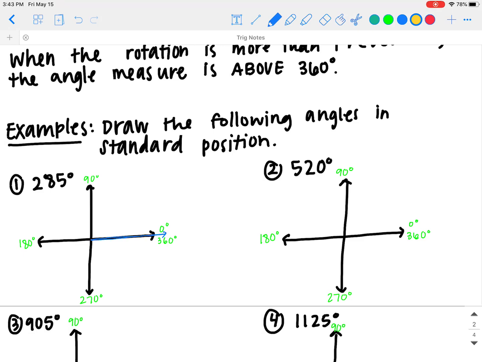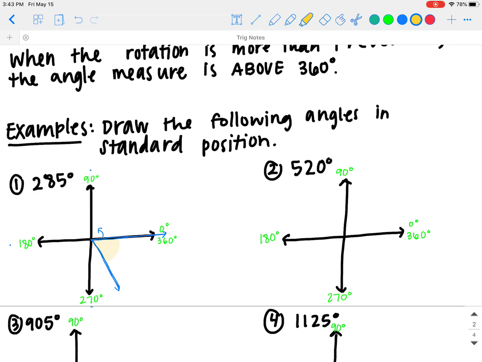If it's in standard position, it always starts right here. This is the initial side, and then I'm going to open to the left. So we know every quarter turn is a 90-degree angle, so I already went ahead and labeled these with 90-degree increments. If I want to go 285, that's just a little bit past 270, so maybe here-ish. The way that we're used to looking at angles, it might look like what we're looking at is this space right here.